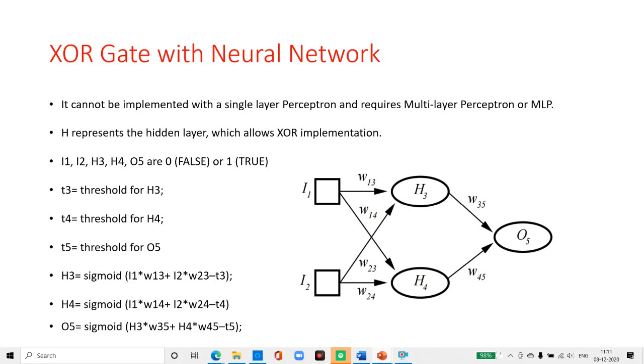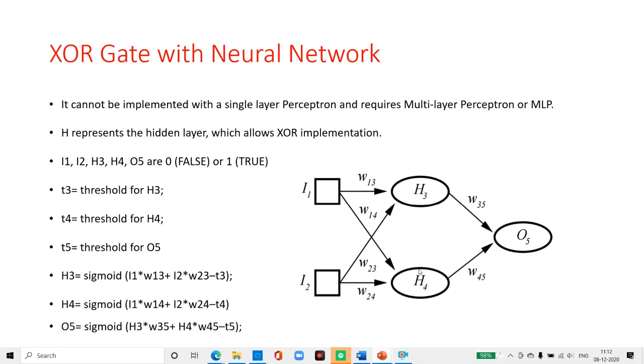So the XOR gate with the neural network. How does the XOR logic gate work in a neural network? Unlike the AND and OR logic gates, the XOR gate requires an intermediate hidden layer for a preliminary transformation in order to achieve the logic of an XOR gate.